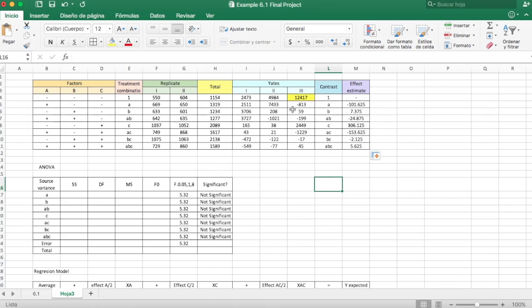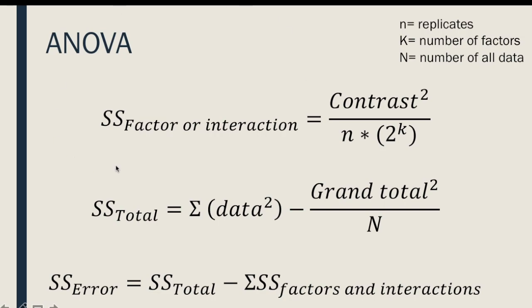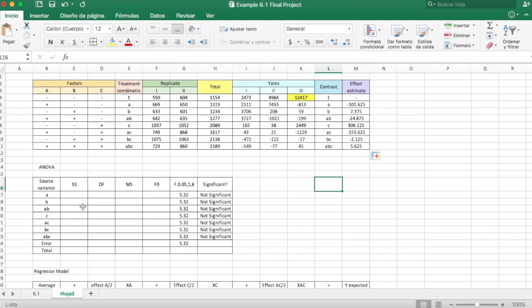Then to know which factors cause a significant effect, here you can have more or less an idea. That is factor A, factor C, and the interaction between factors A and C. But to be sure, we need to do an ANOVA table. So we first need to calculate the sum of squares. The sum of squares of a factor or interaction is the contrast squared over n times 2 to the k.